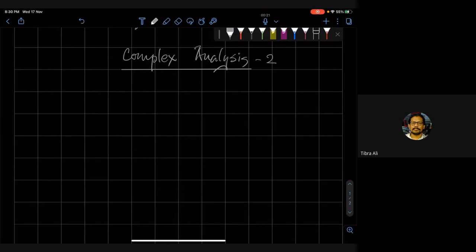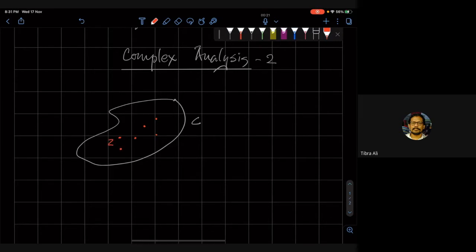And what it says is that, suppose that we have some region, say C, and in that region we have some holomorphic function, and we have some singularities of the holomorphic function at some points z1, z2, ..., zn.